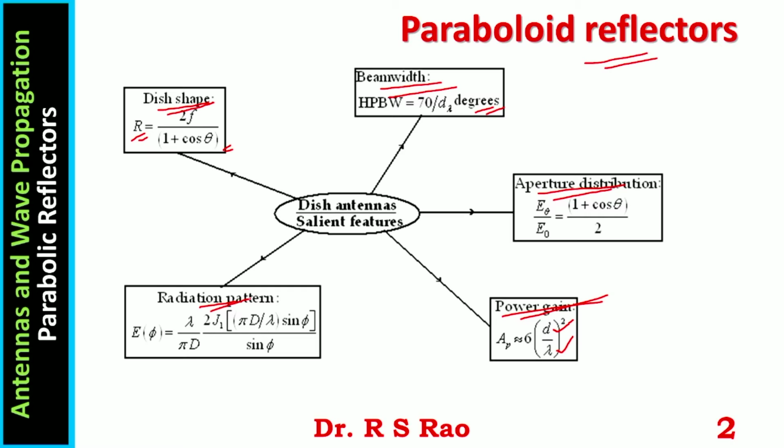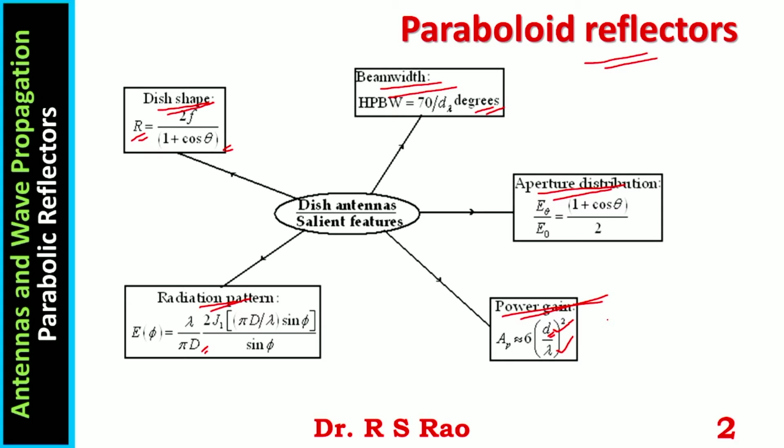Then radiation pattern, E of phi, is lambda over pi d times J1 of (pi d by lambda sin phi) over sin phi. Capital D, small d, they are the same. In the literature, sometimes capital D is used, sometimes small d is used.